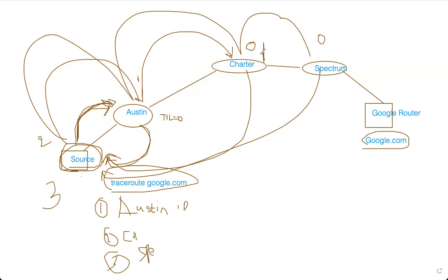What if there is no route from Chatter to Spectrum? Then even if I send a TTL value of 3, it will go to the first hop, second hop, and here it does not know how to route to Spectrum. Now the TTL value dies here. It says destination unreachable.